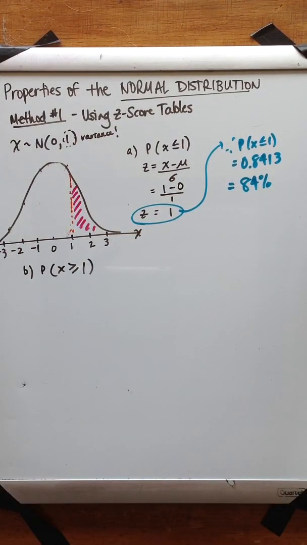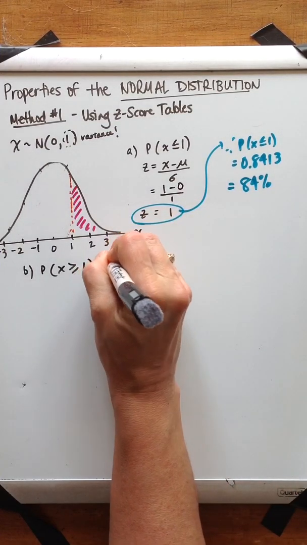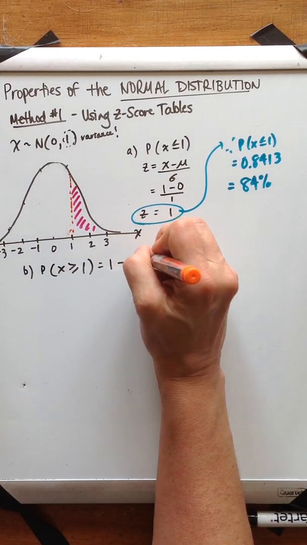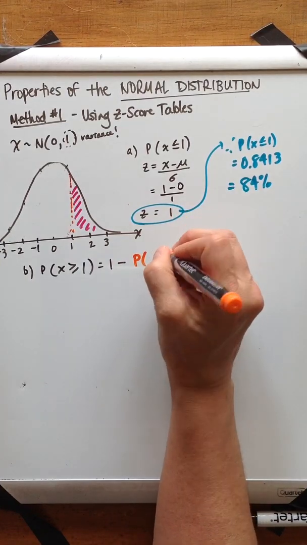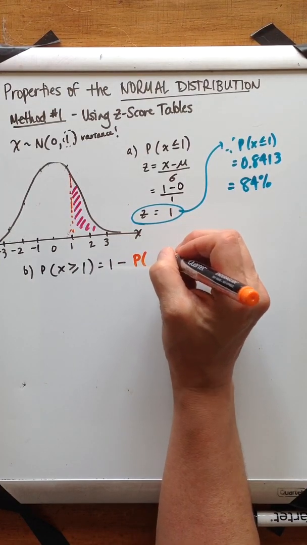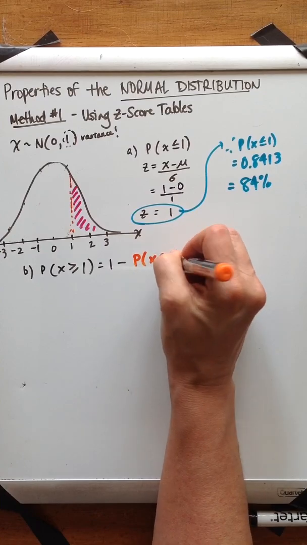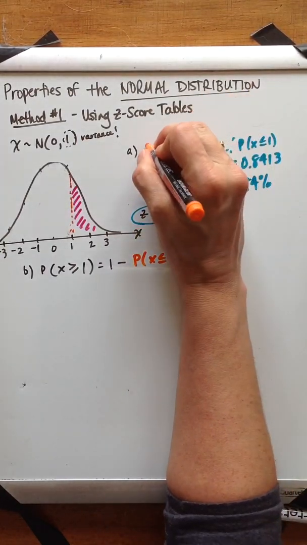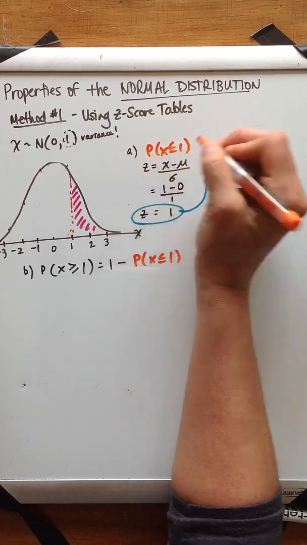So the probability when x is bigger than or equal to 1 is equal to 1 minus that orange area that I had before. Okay, this one up here. And I'm just going to color code so that you see where stuff comes from. I should have done that at the beginning.